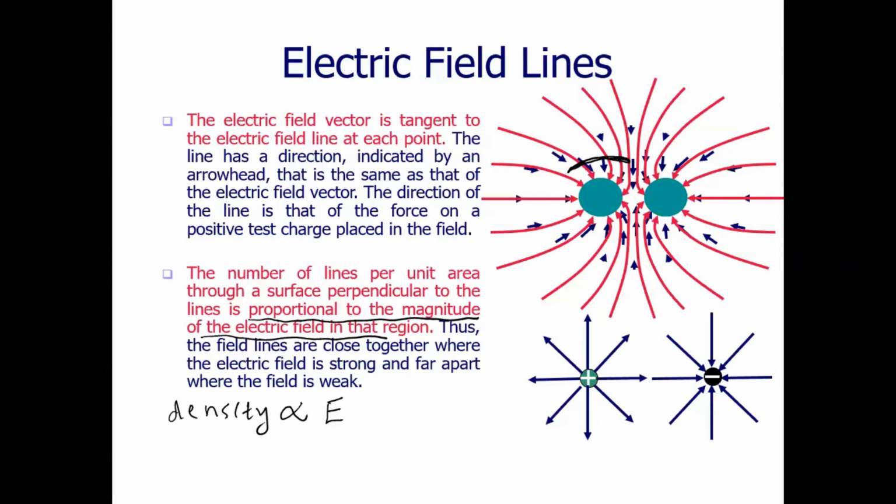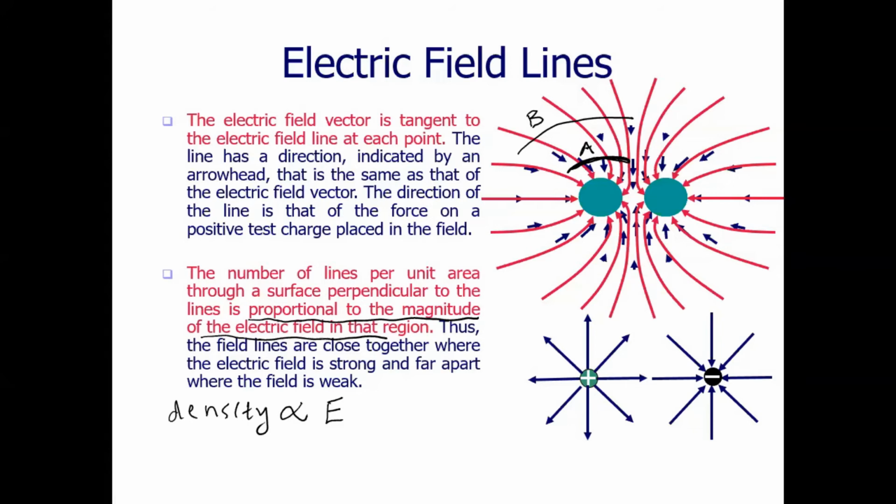For instance, in this diagram, consider this point, let me call it point A, and another point here, point B. Between point A and point B, where do you think the electric field lines are more closely packed?